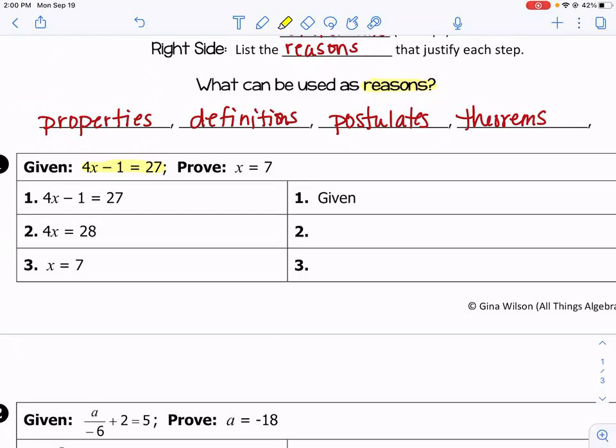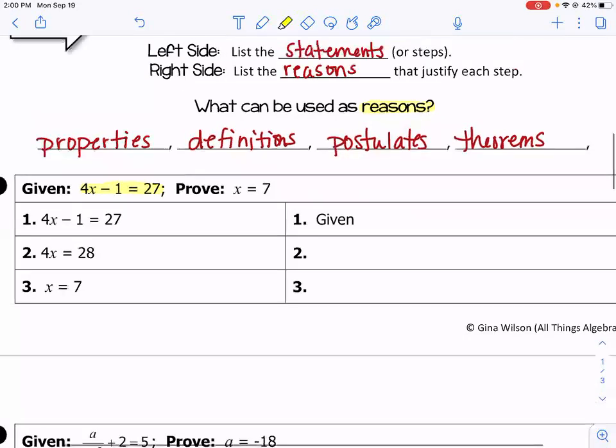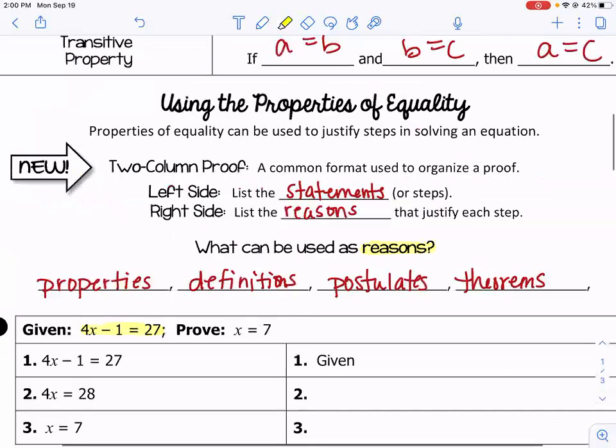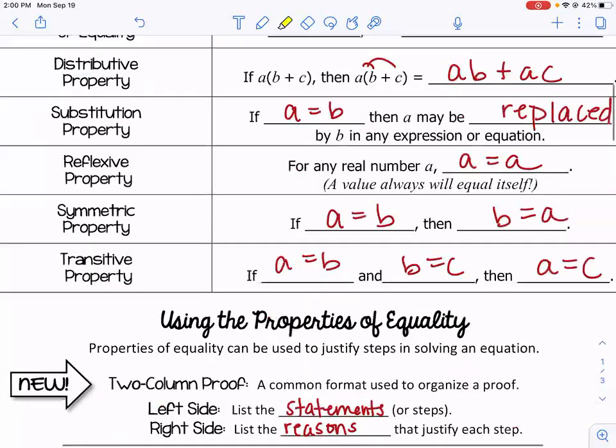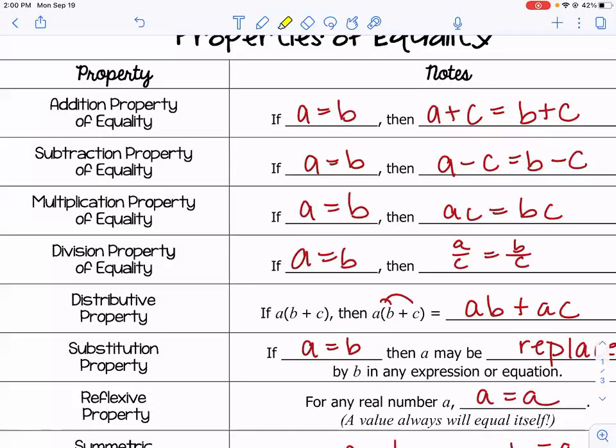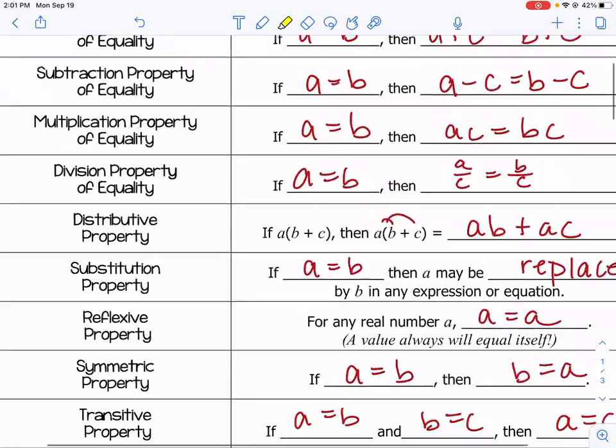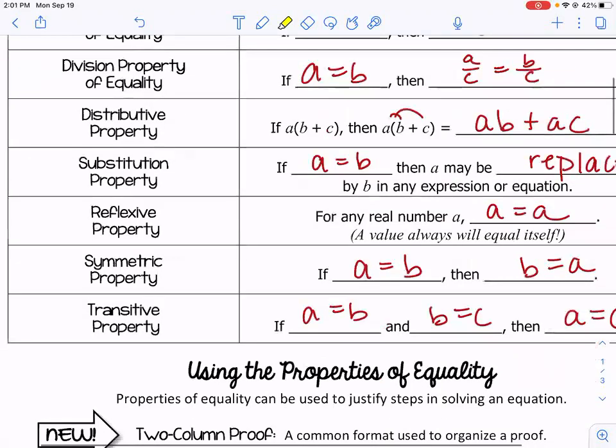We added 1 to both sides, and we can do that because of the addition property of equality. We can add the same thing to both sides. So I'm just going to write addition property.